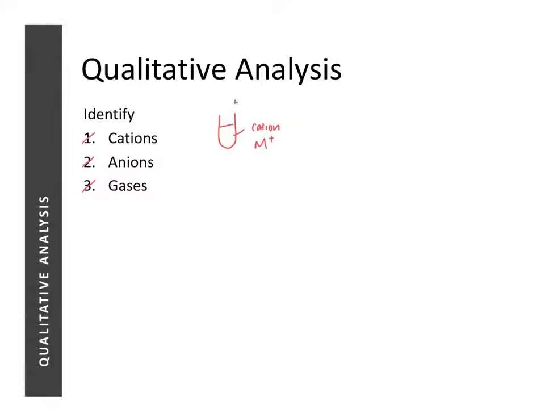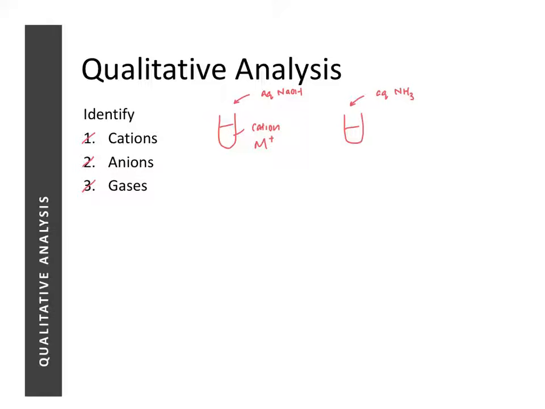We can either add aqueous sodium hydroxide, or we can add aqueous ammonia. Adding aqueous sodium hydroxide or aqueous ammonia will allow us to establish the identity of the cation present in the solution.